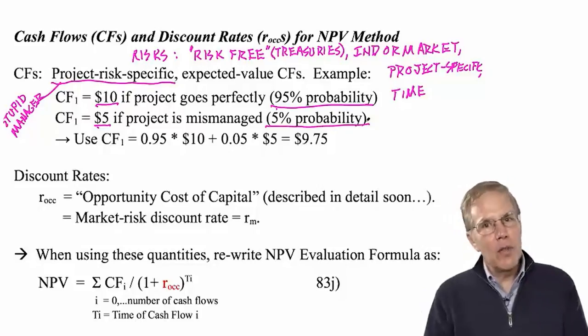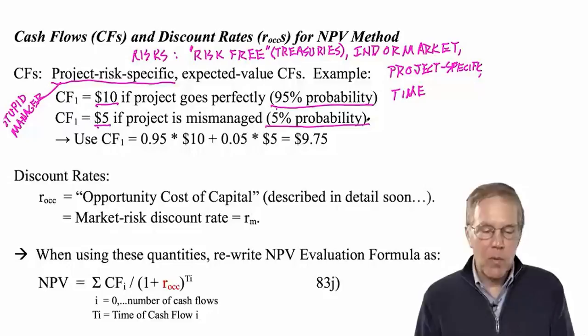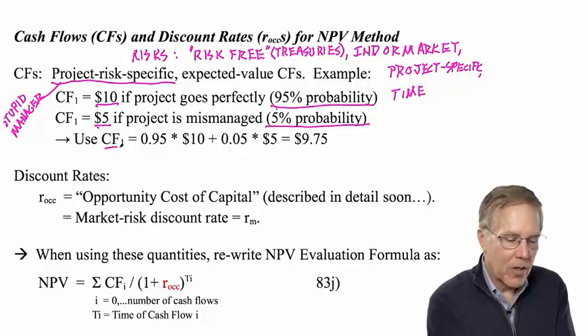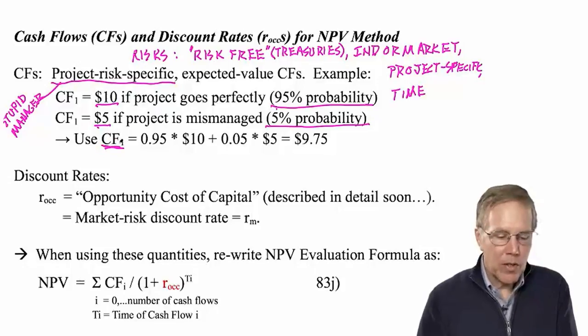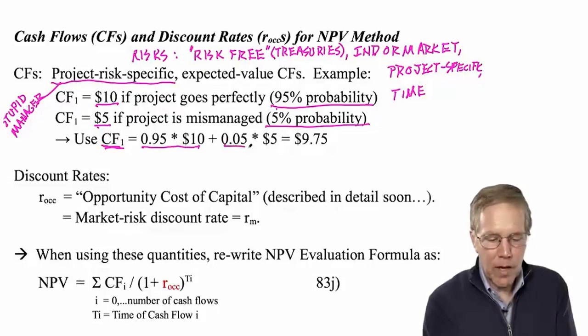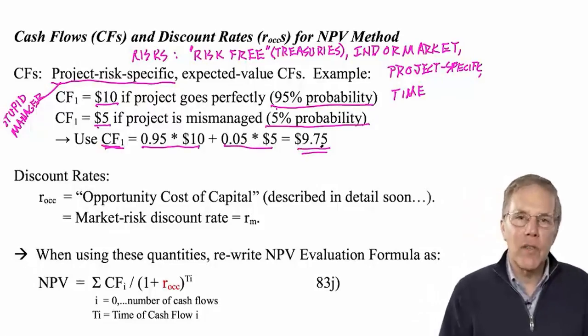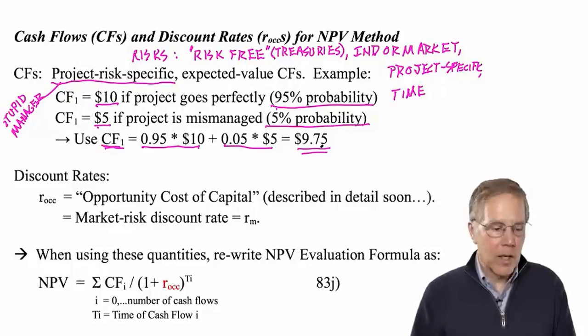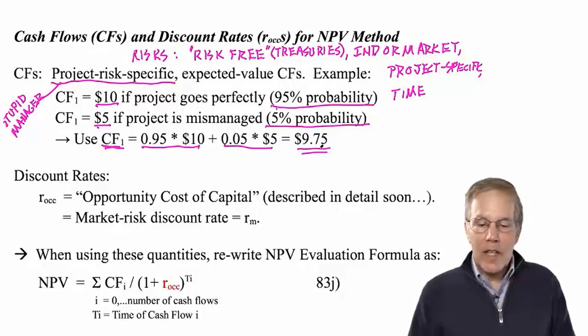So how do we deal with this project-specific risk? Well, we take a weighted average, and we'd say that the cash flow at time 1 that we're going to use is 95% things going well, plus the 5% of things going badly, or 9.75. So that's just one very simple example of how we could handle project-specific risk or stupid manager risk, okay?